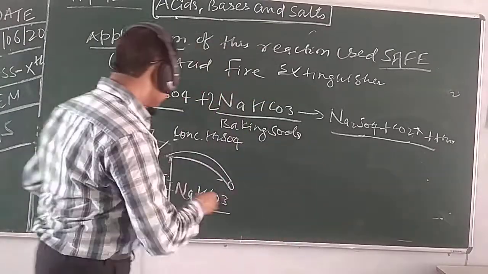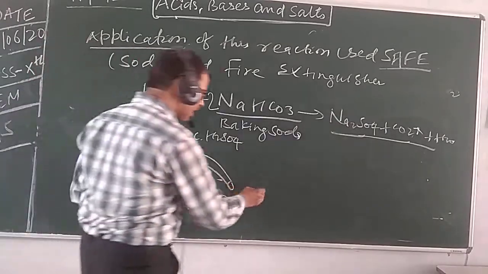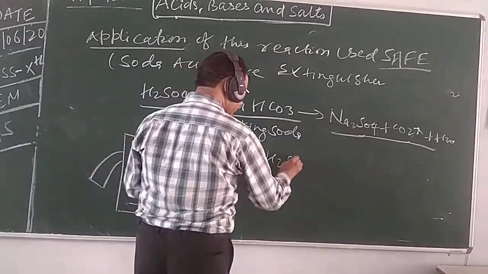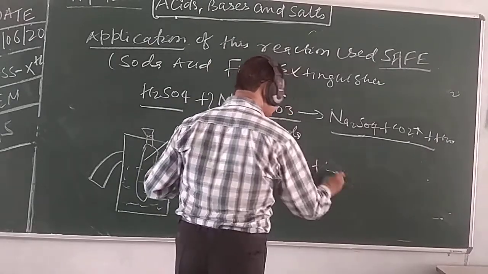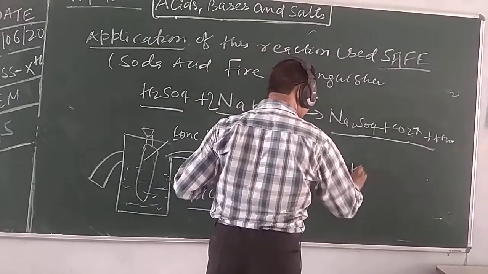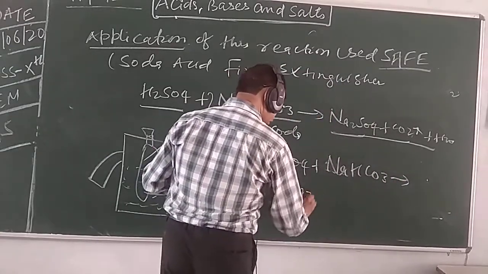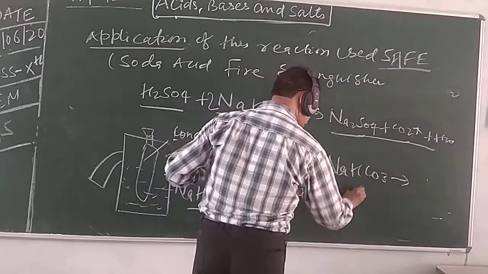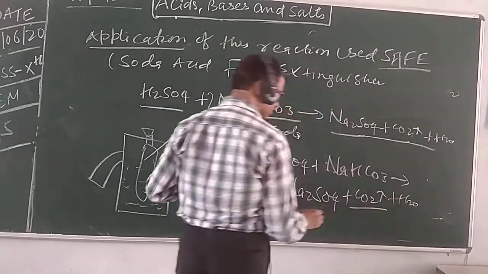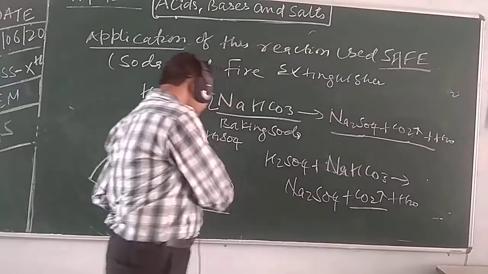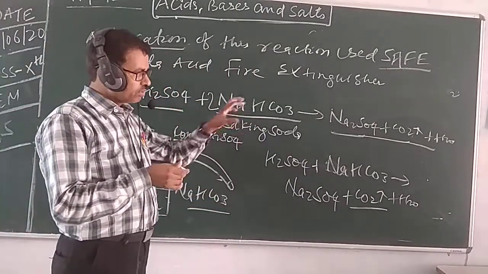Due to this, the tube inside the cylinder breaks, and the H2SO4 and the sodium bicarbonate solution react with each other and form sodium sulfate plus CO2 and water.